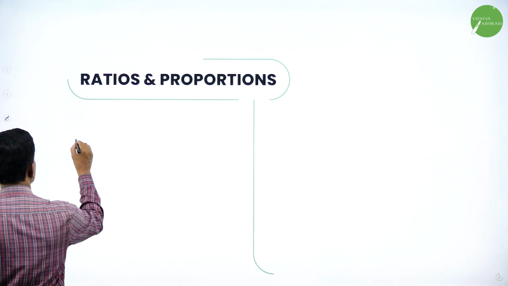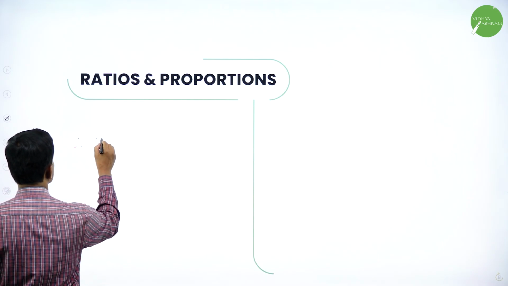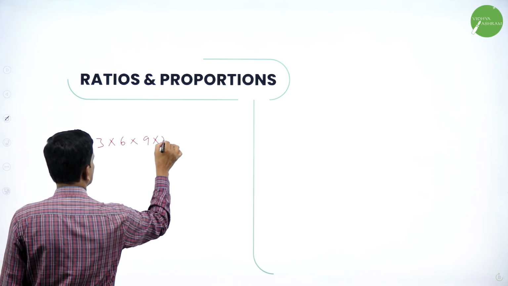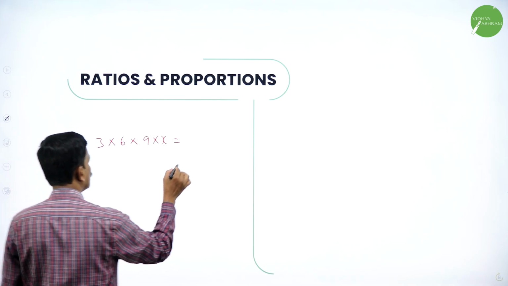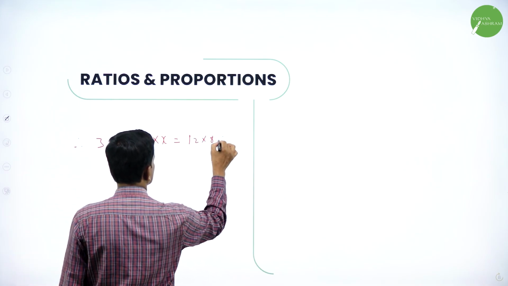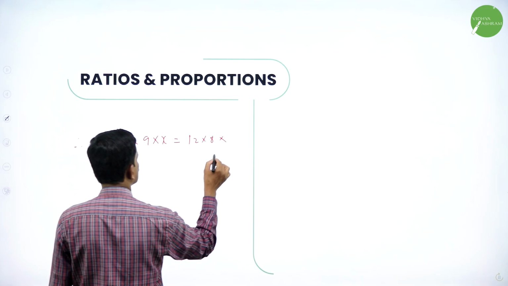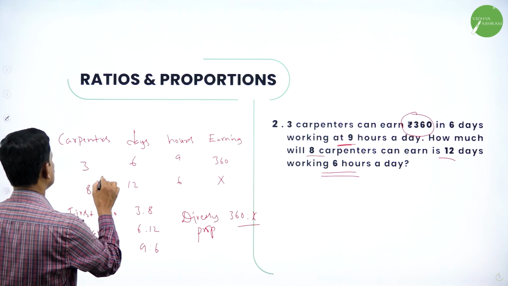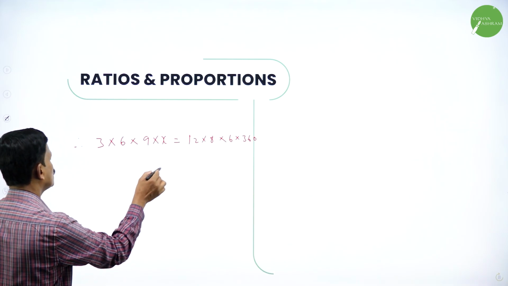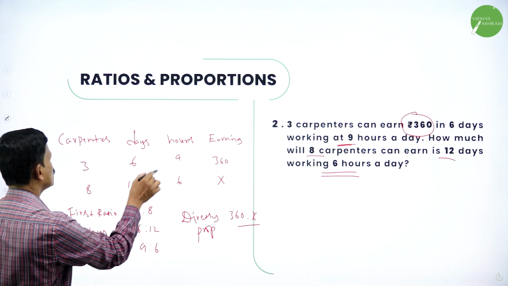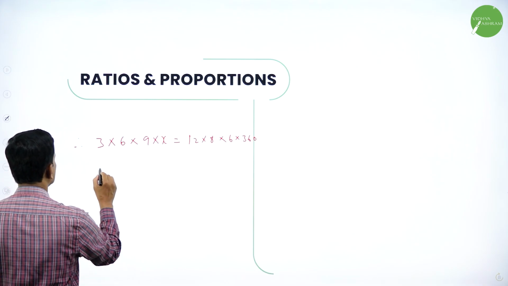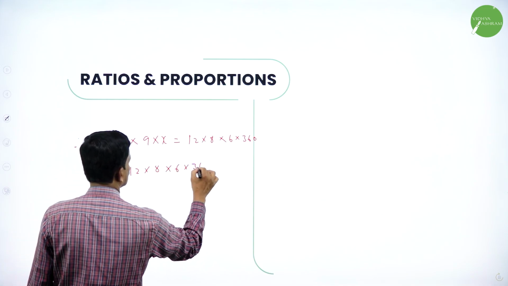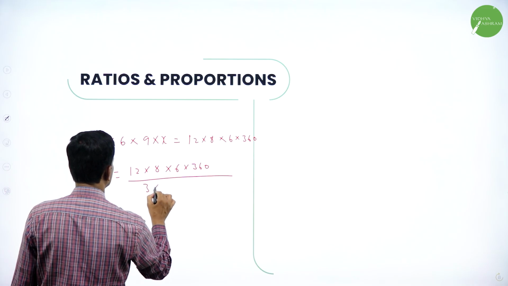So therefore x is equal to 12 into 8 into 6 into 360 divided by 3 into 6 into 9.